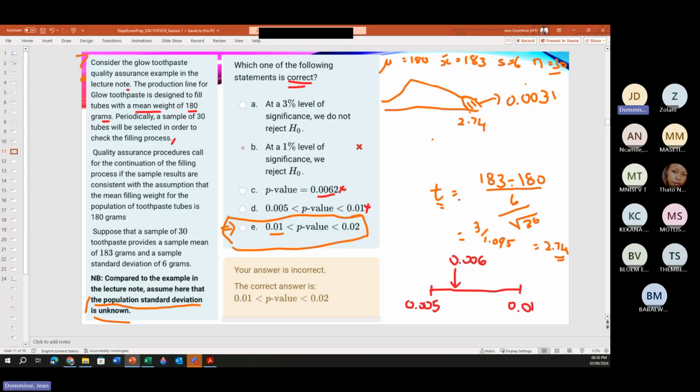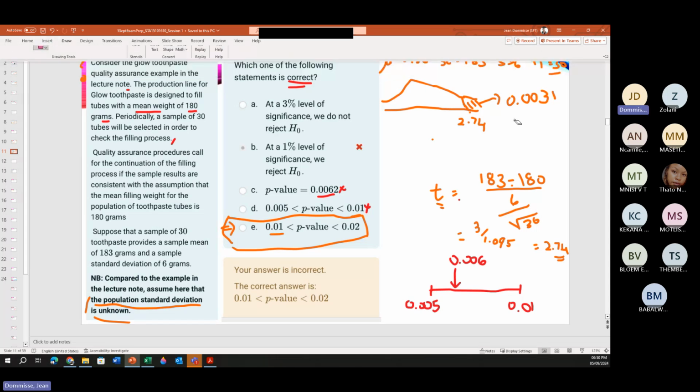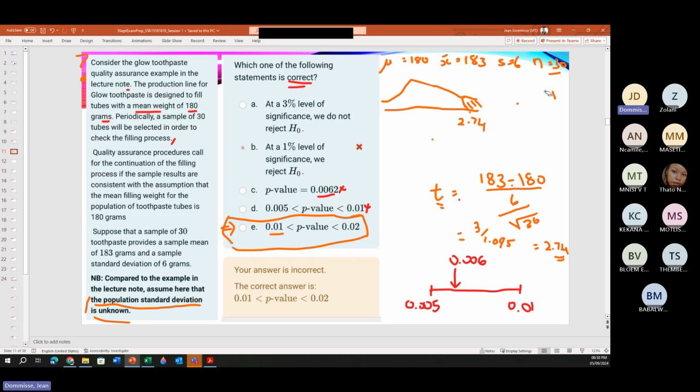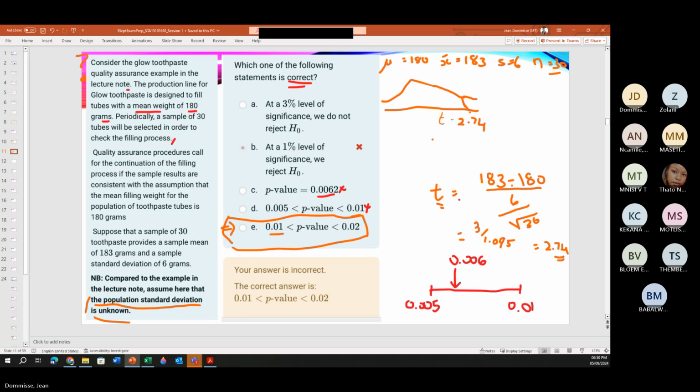Okay, so again, standard deviation unknown. So the unknown part makes it that we are working with a T. Then if we're working with a T, we need to find what that t value's probability or p-value is.